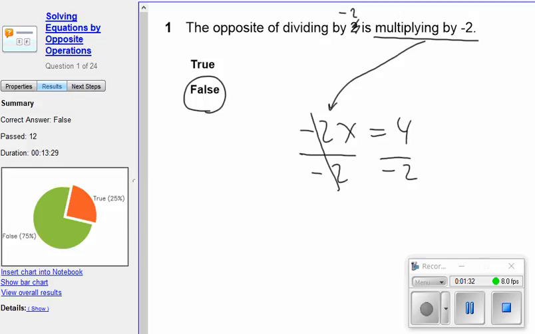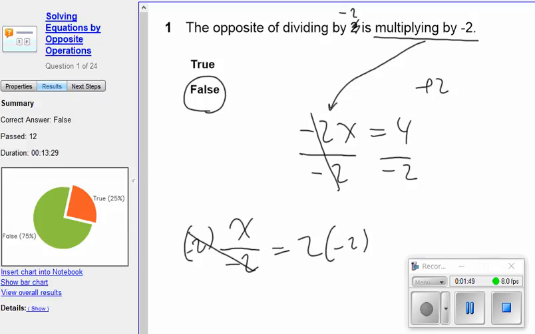Okay? The same way that if you had this question, the opposite of dividing by -2 would be multiplying by -2 because they are opposite operations. So the point I wanted you to get across is that the opposite of adding 2, so if I had, let me just pause for a second.